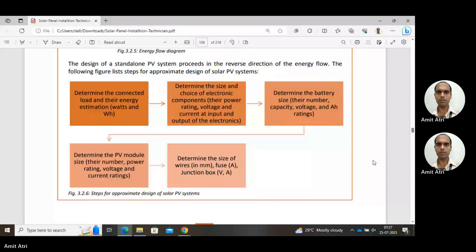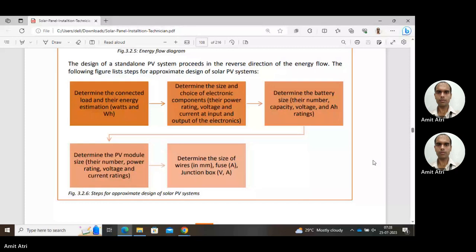So first we have to determine the load, how many watt-hours, meaning power and energy. That is the connected load. What is the connected load? Remember the first unit, which we started with. Every component which is placed, every equipment, if it is a house, then household devices, fan, kitchen appliances, tube lights, different lights, all of them are load.